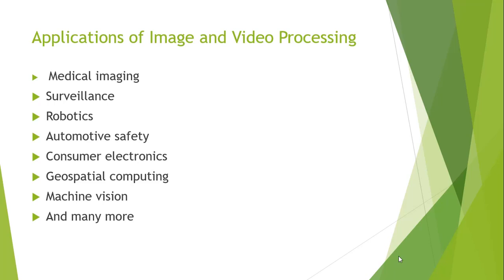What are the applications of image and video processing? Medical imaging, for instance: if we wanted to determine whether somebody has cancer or not by taking an X-ray image, can we process that image, make an analysis, and make a prediction that somebody has a disease or doesn't have a disease, or that it is in early or advanced stages?